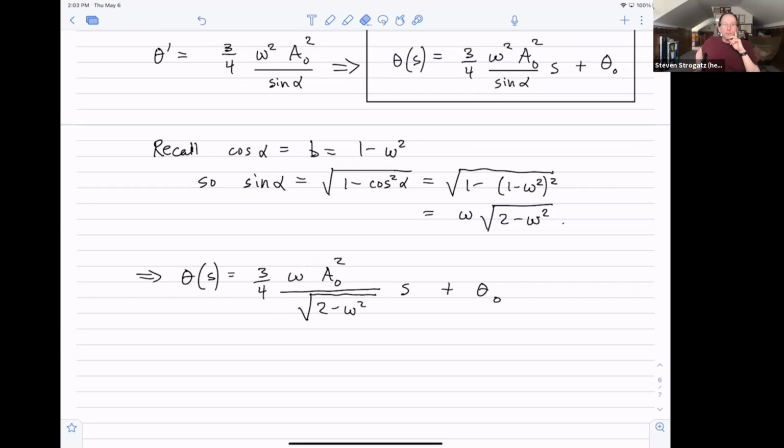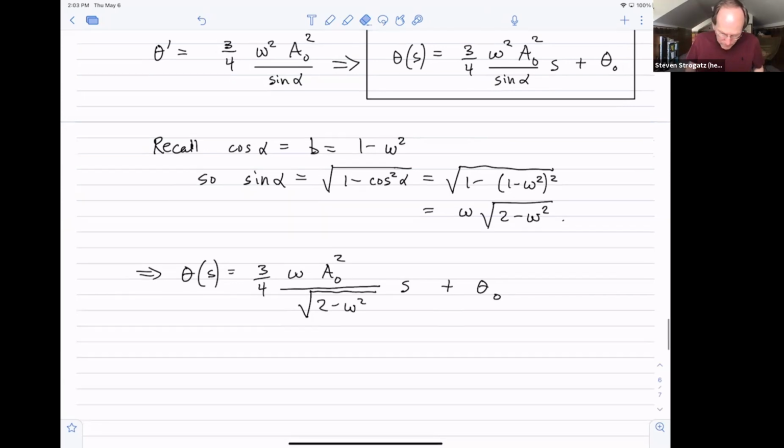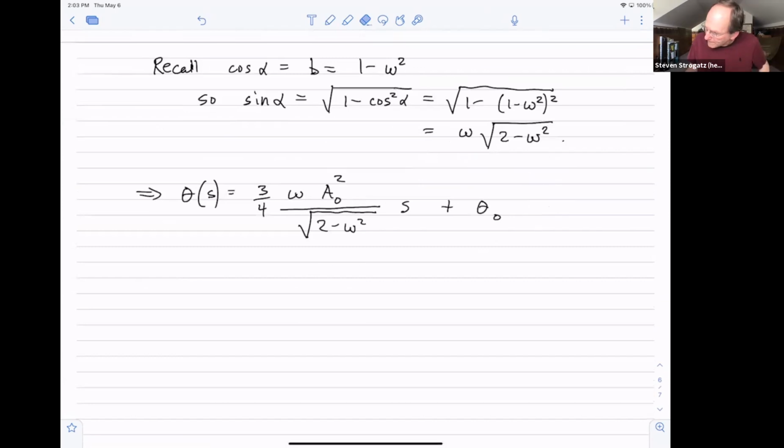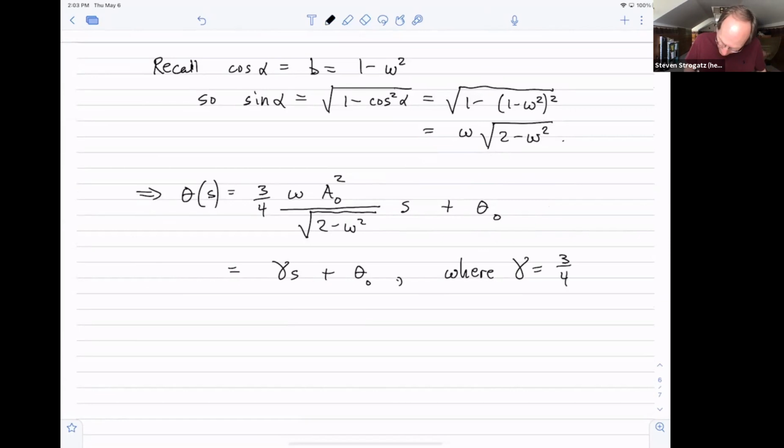There, so that's a nice expression for theta of S. And actually, since I don't feel like writing all those constants over and over again, let me just call it gamma S plus theta 0, where gamma is this 3/4. So gamma depends on amplitude.